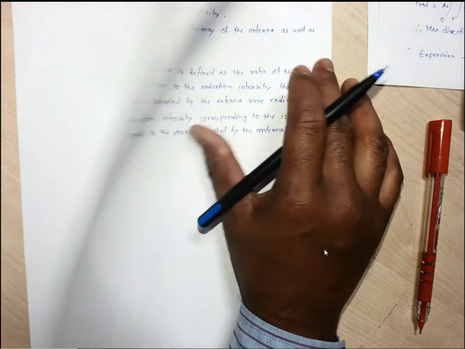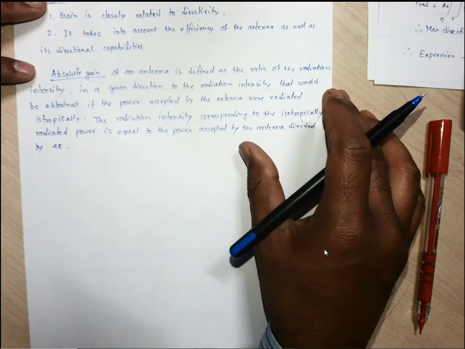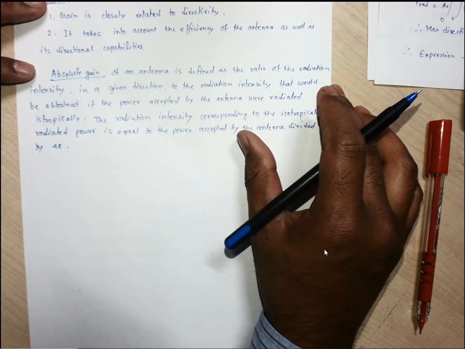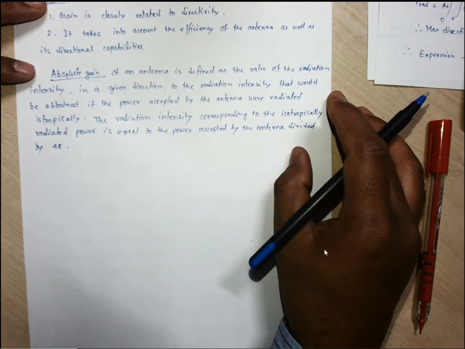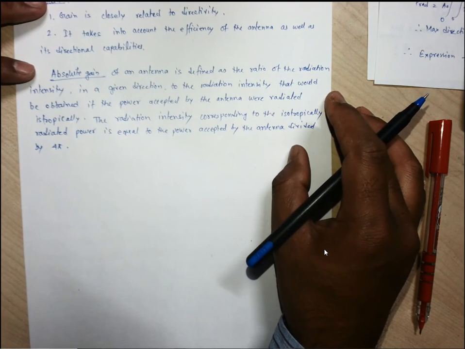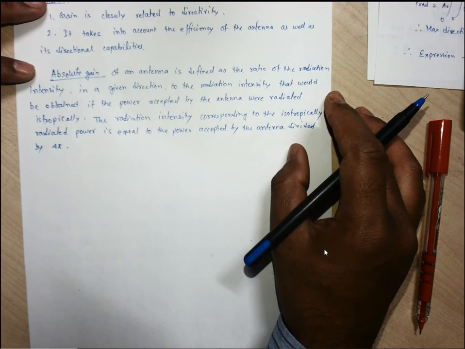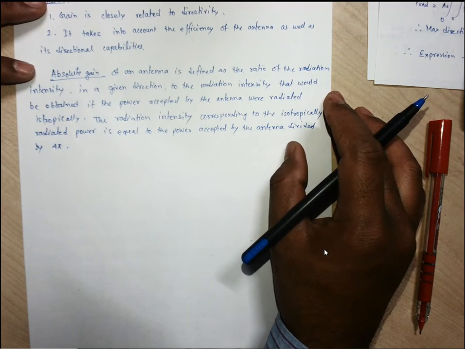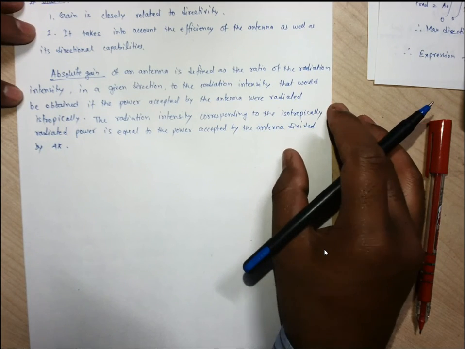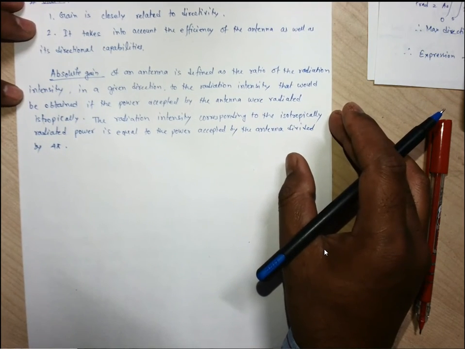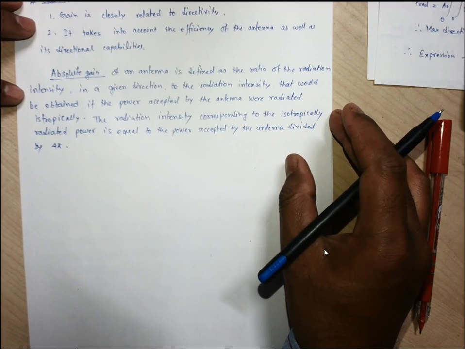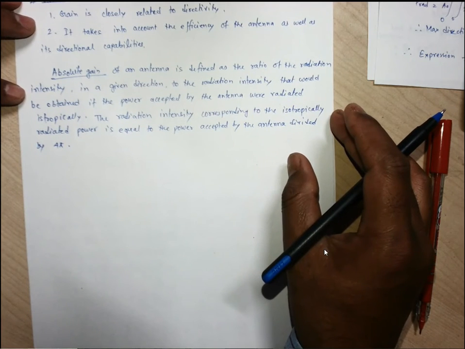For the directivity, we are not considering how much power has been given to the antenna from the source. But for this gain, along with the radiation intensity, we consider how much power has been given to have the isotropic radiation. Obviously, if the power which has been given was 100% used to have the isotropic radiation, then we can consider yes, it is the same as the directivity.